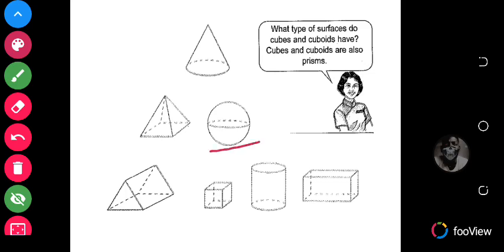This is a sphere, this is a cone, this is a pyramid, this is a cube, this is a cylinder, this is a prism, a rectangular prism, and this is a cuboid. These are items and shapes we've seen before, and they have their properties. We'll get to look at the properties soon enough.